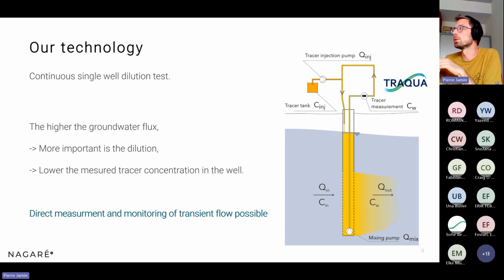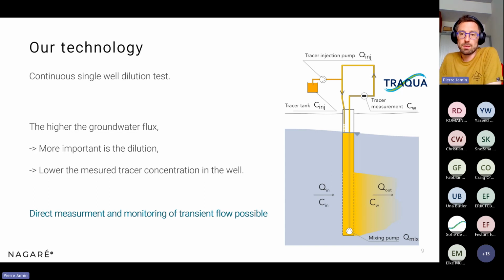And of course, we also monitor the concentration of the tracer in the well. For that, we can use the Aqua stream fluorimeter when we use fluorescent dye tracer, or alternatively, we can use a salt tracer like potassium chloride and simply follow the electric conductivity of the water.